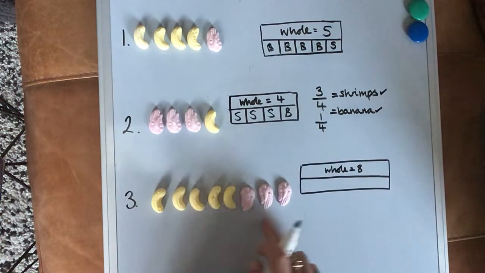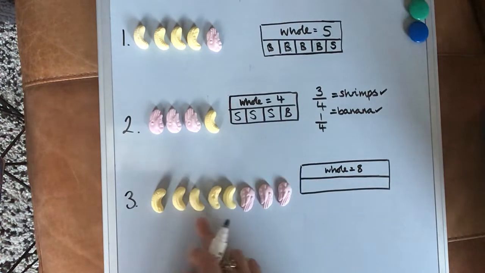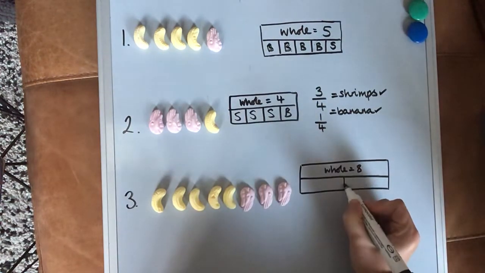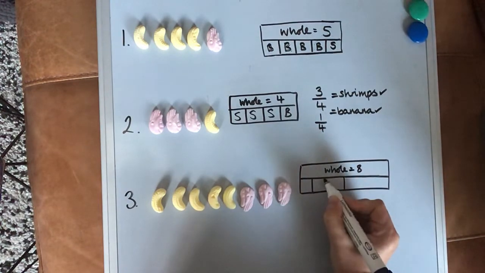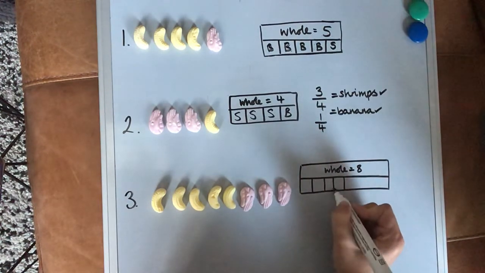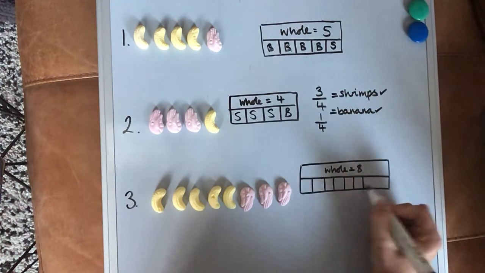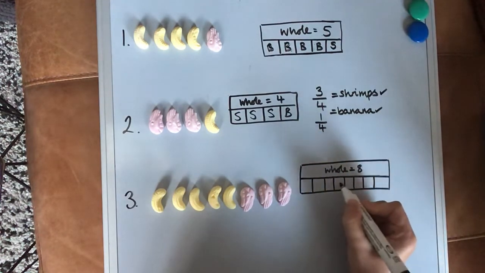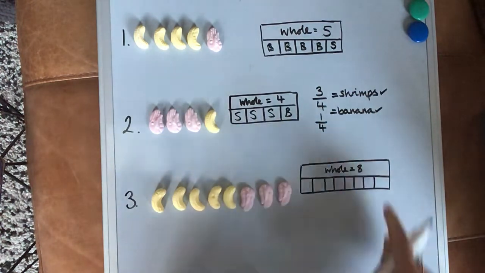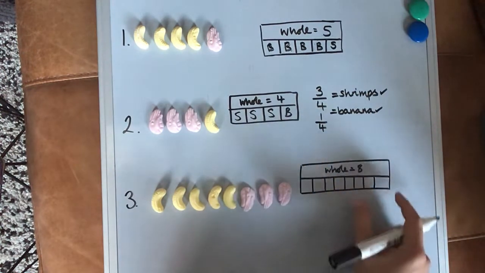Now, again, we need to split it up into the 8 equal parts. So we'd call that eighths. Done my eighths now. Some of them are a little bit bigger, but when we're talking about fractions, they are equal parts, okay?